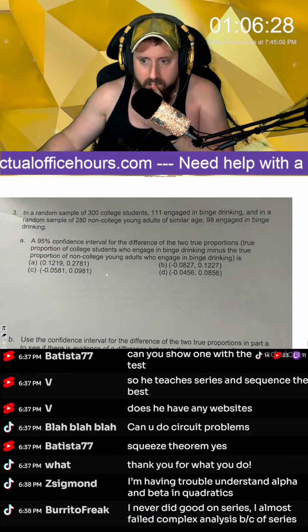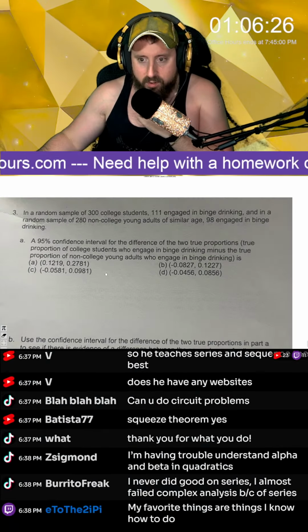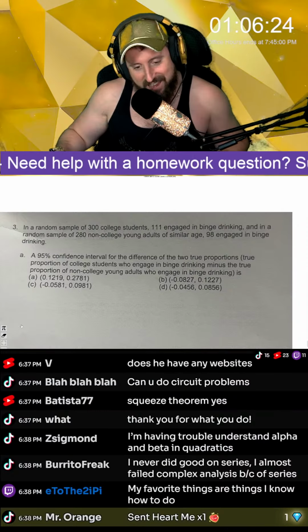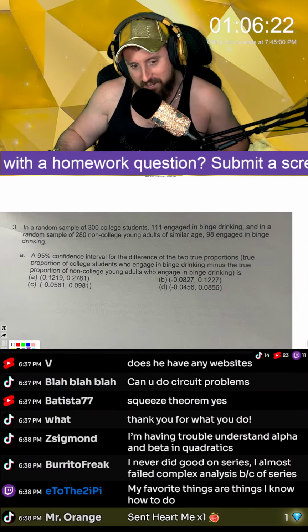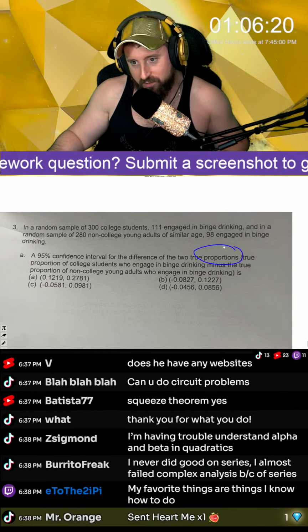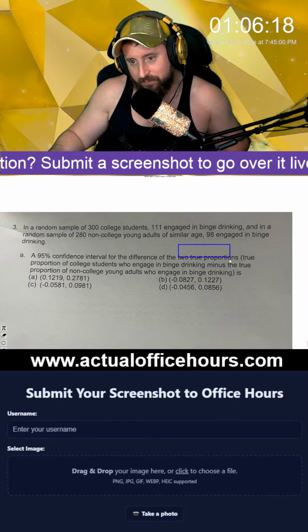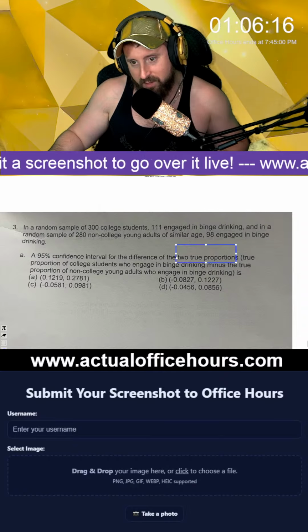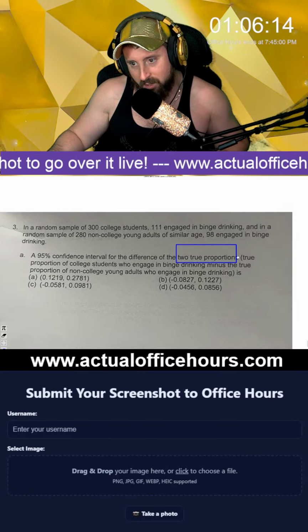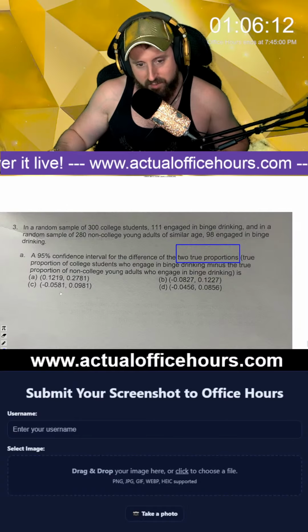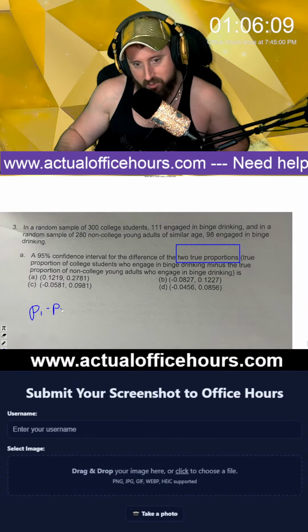Okay, so right off, stats is all about reading to see what tests you have. So proportions. The difference of two proportions has its own little equation, right? I think this is going to be like P1 hat minus P2 hat.